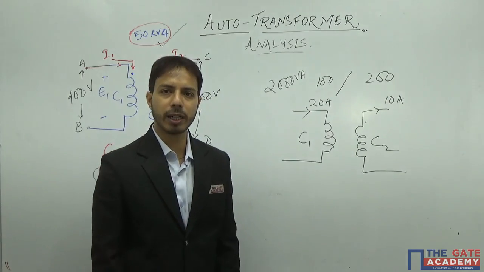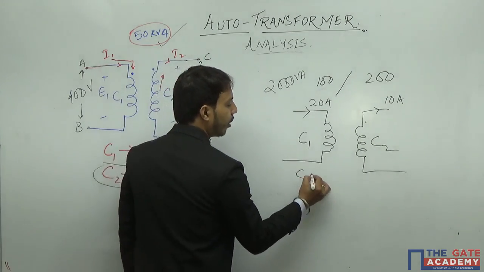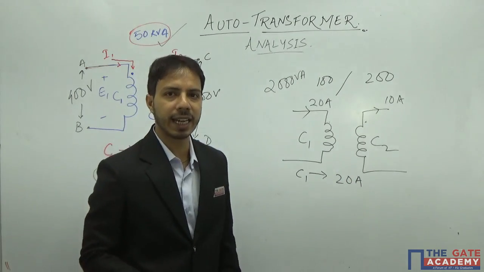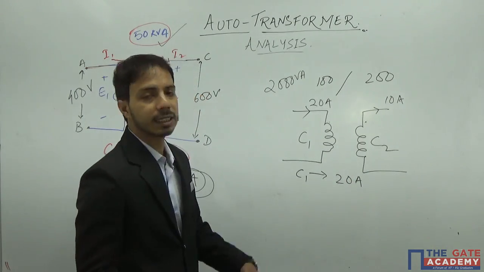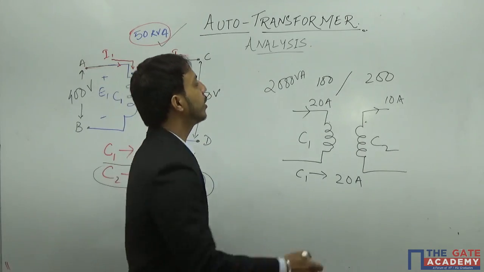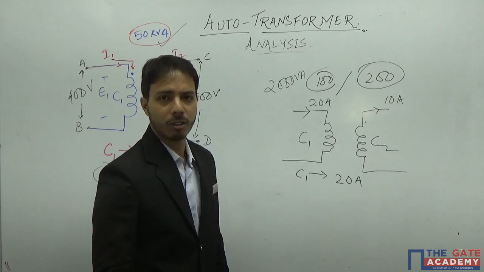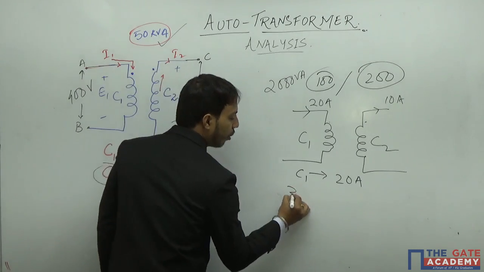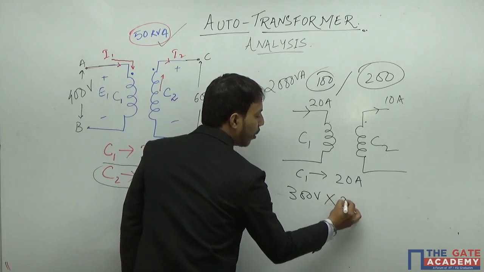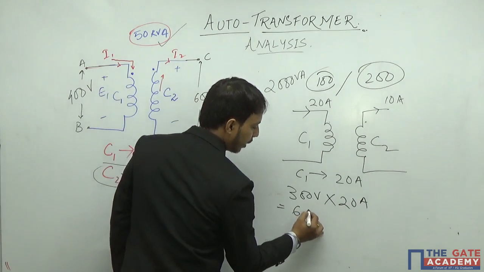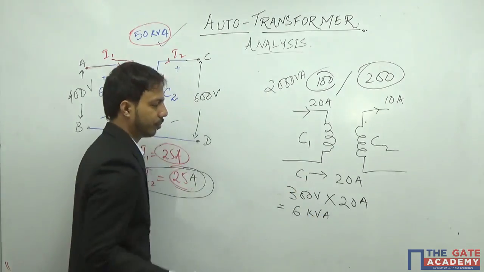So what is the maximum current? Coil C1 is having maximum current, which is 20 ampere. And what is the maximum voltage that I can get? The maximum voltage that I can get is in additive polarity case, that is 200 plus 100, that is 300 volt. So the maximum kVA rating will be 300 volt multiplied by 20 amps, which is 6 kVA.